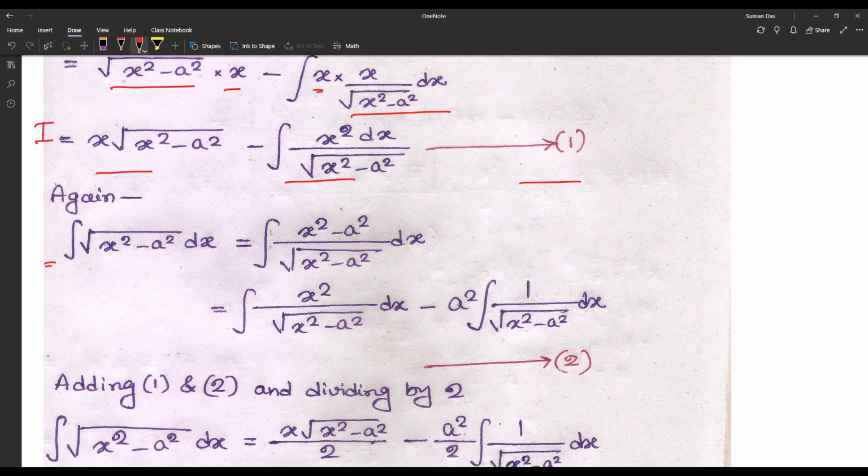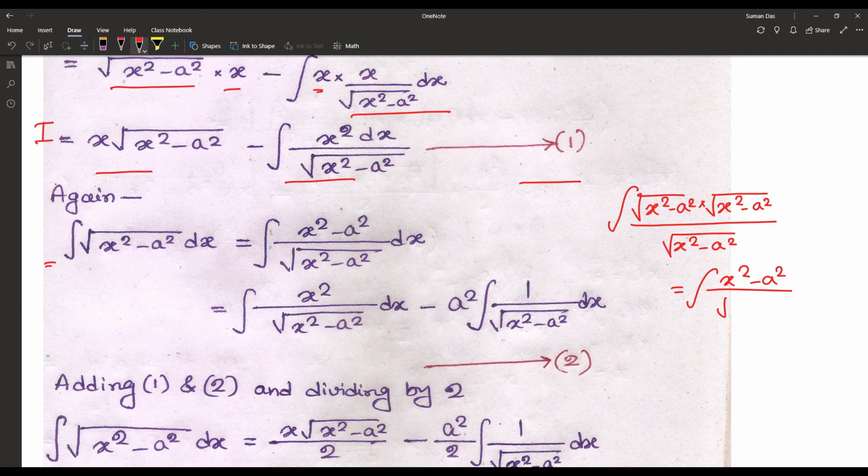That means the integration of x square minus a square can be written by multiplying with square root of x square minus a square, so we have to divide by square root of x square minus a square. That gives us the result as x square by square root of x square minus a square.